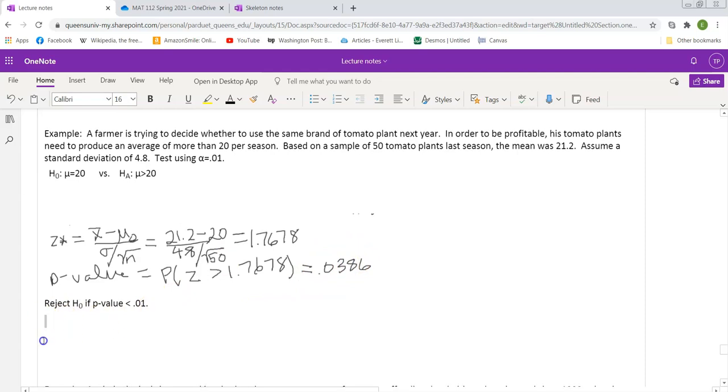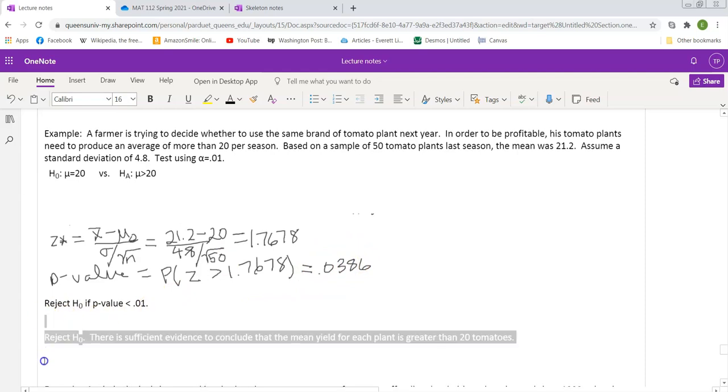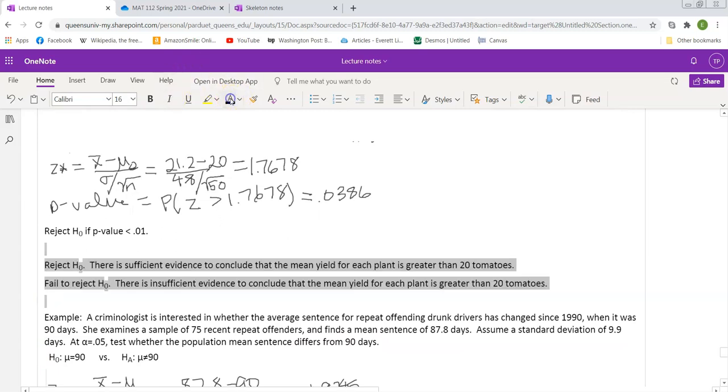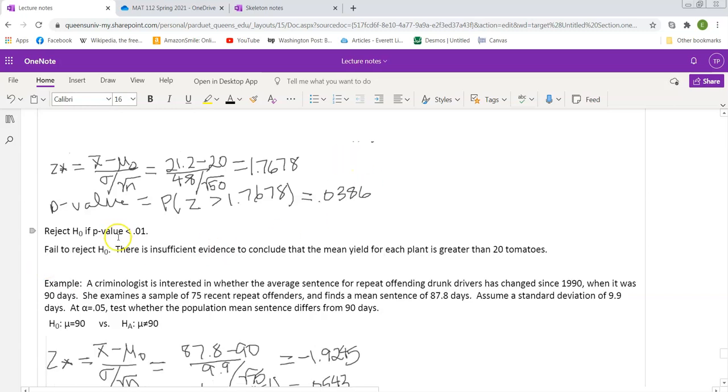And so of our two conclusions that we drew up earlier, we are not going to reject H0. So we can delete this first one, because with a p-value not less than alpha, we fail to reject H0, which tells us that there's not sufficient evidence to conclude that the population mean is greater than 20.